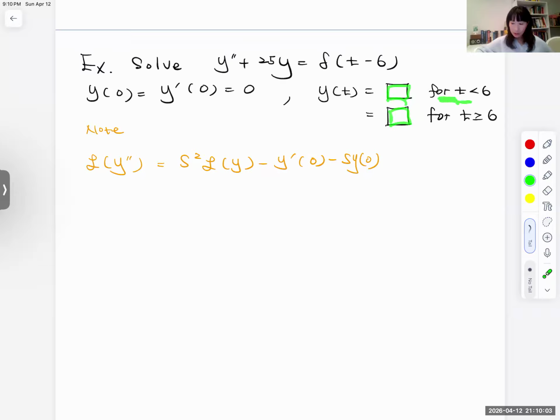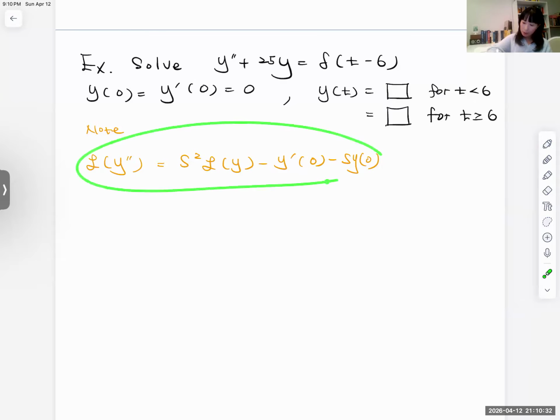One is t less than 6, and the other includes the equal sign. They're combining, because we said earlier: before the spike, on the spike, and after the spike. So on the spike and after the spike. Let us do this one.